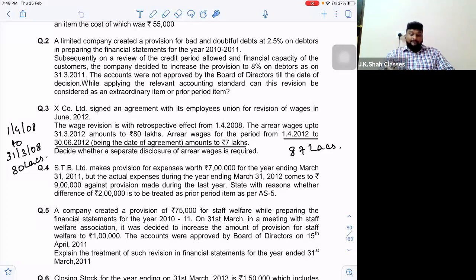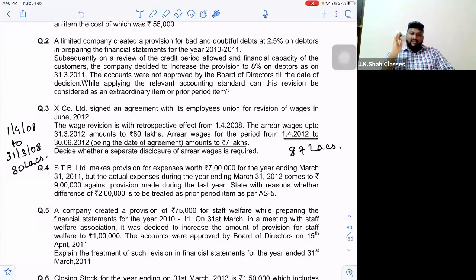What we have to decide is whether the effect of the change, that is increasing the bad debts from 2.5% to 8%, is with respect to an ordinary item or an extraordinary item. It is an ordinary item. So in this case, the effect of change will be treated as an ordinary item, not an extraordinary nor a prior period item.